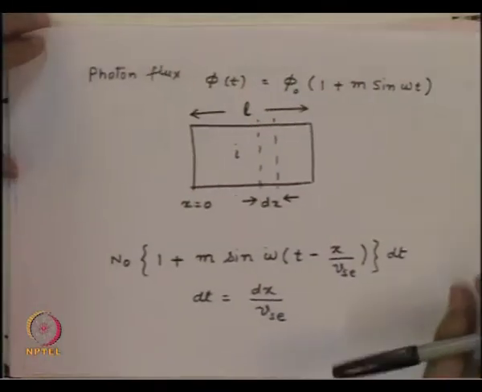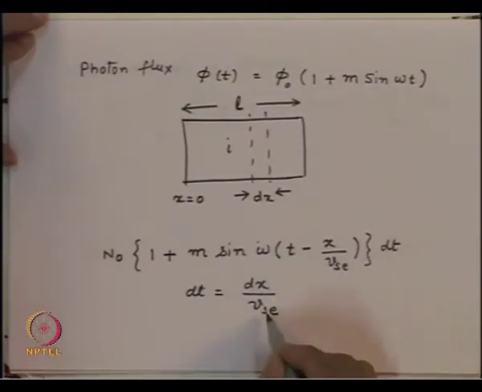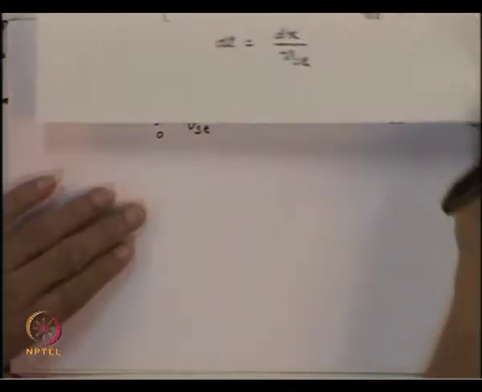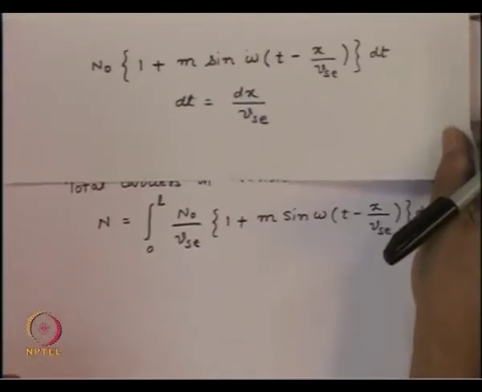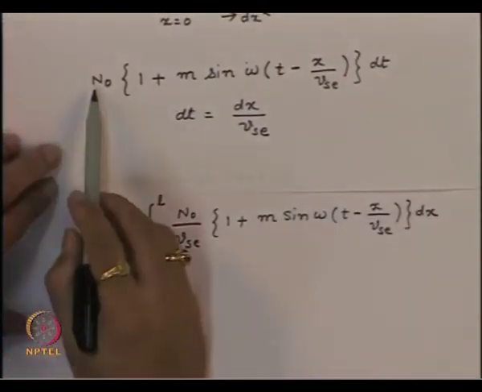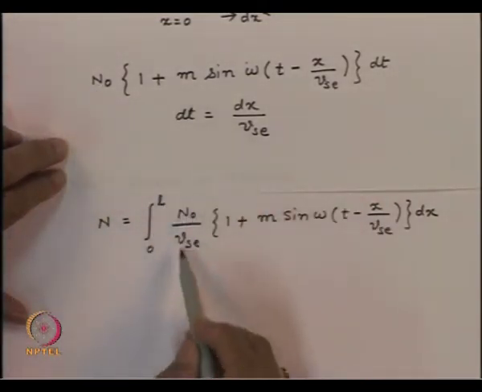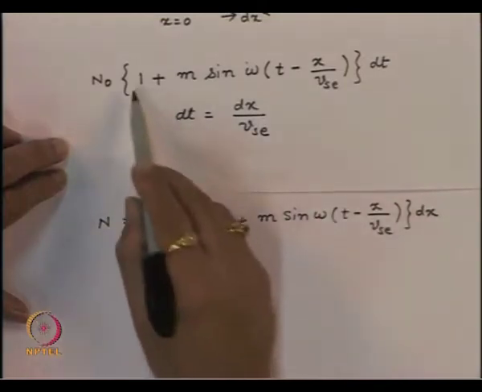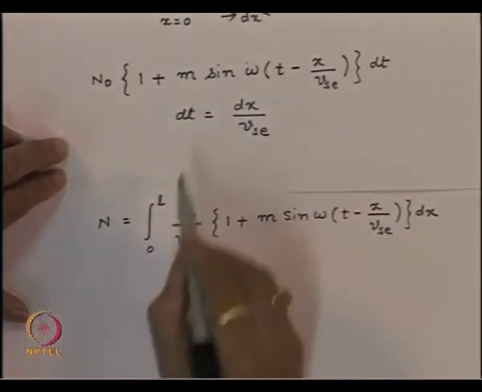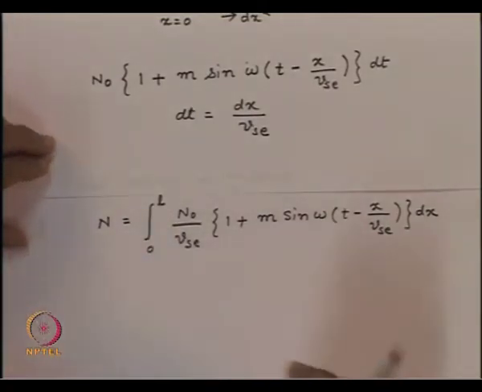So, note here we have substituted for dt, so dx upon VSE. So, we have got a quantity n0 upon VSE, that is what has come here. This term remains the same, and now we are integrating over distance which is from 0 to L.